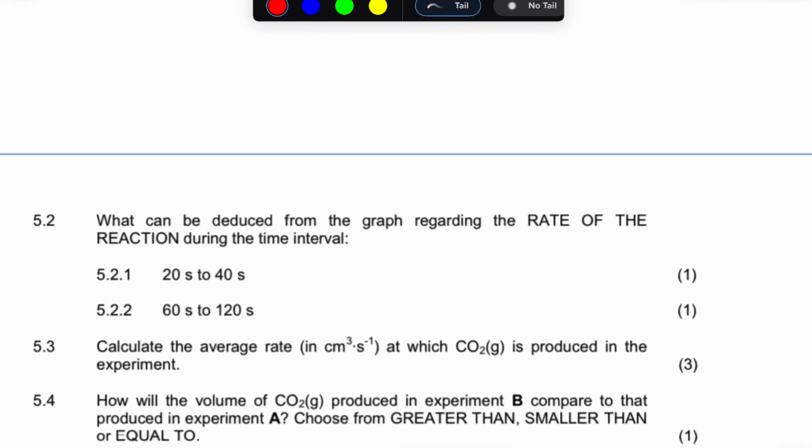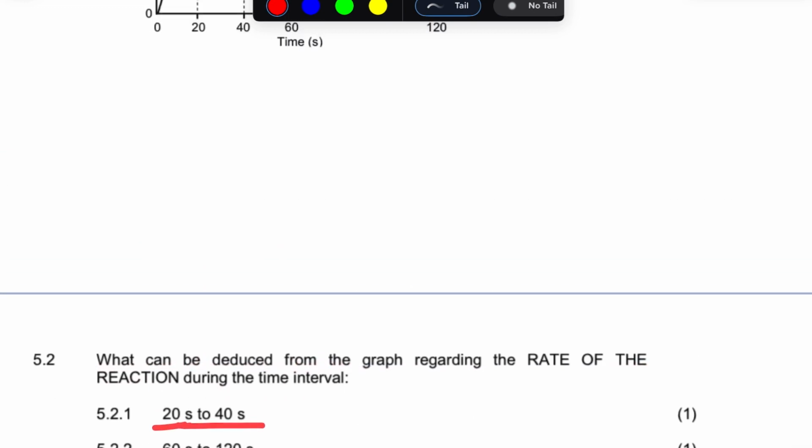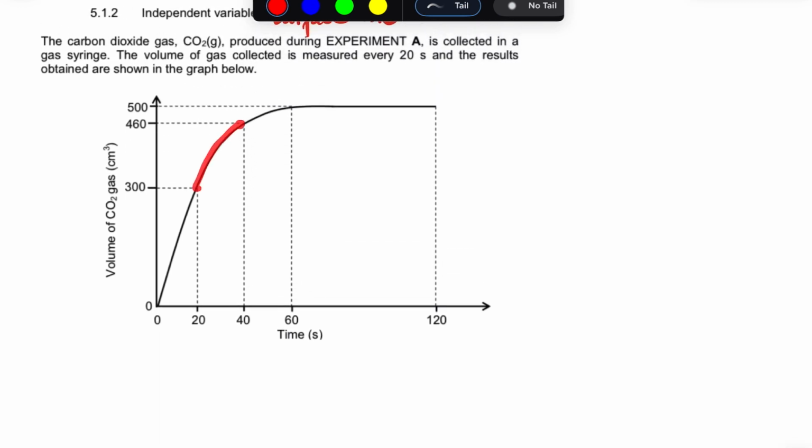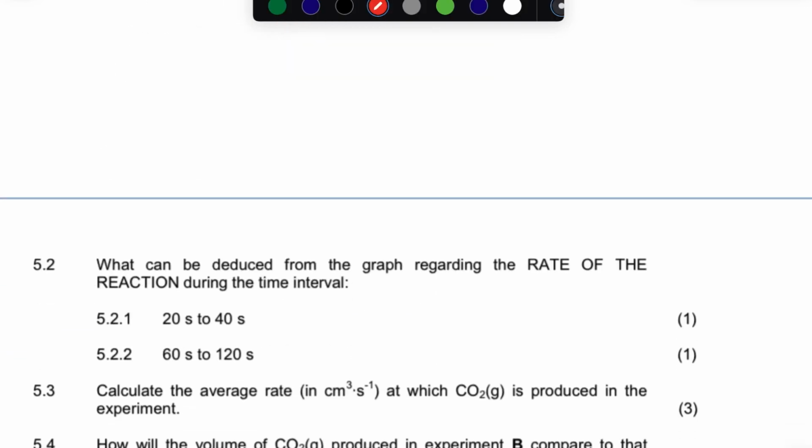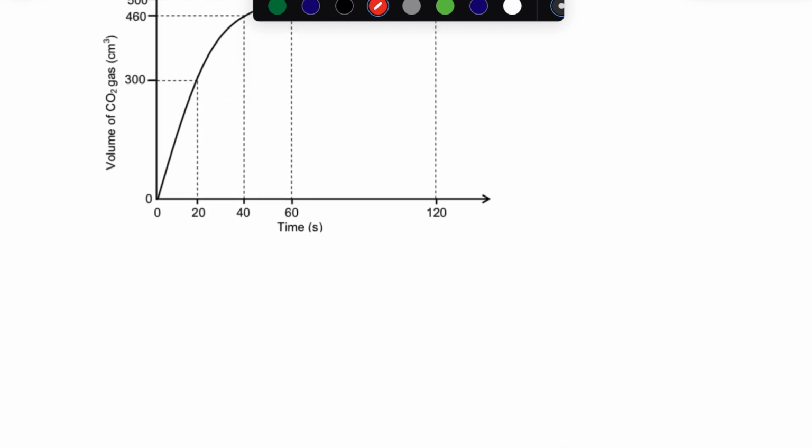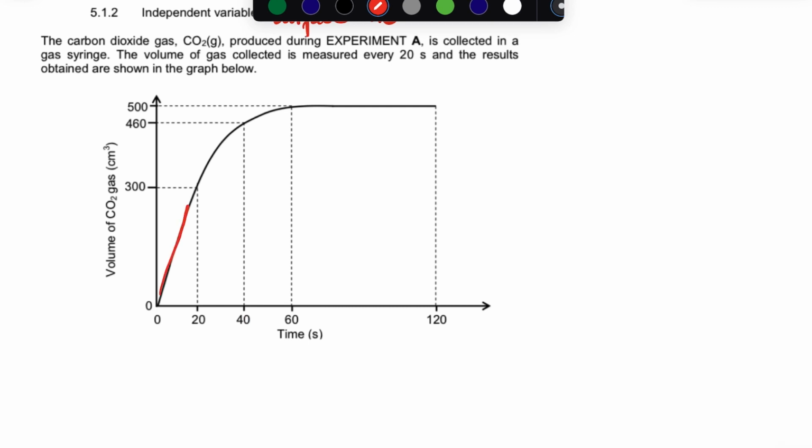Now it says, what can be deduced from the graph regarding the rate of reaction during the time interval from 20 to 40? From 20 to 40, if you look at the graph, the gradient is decreasing.